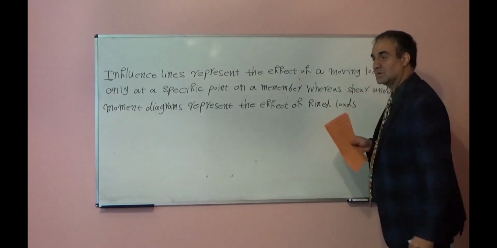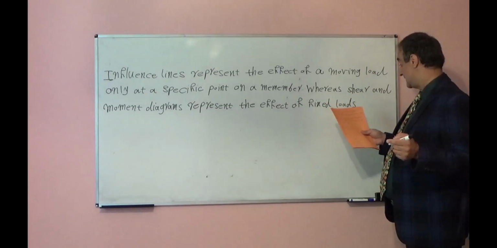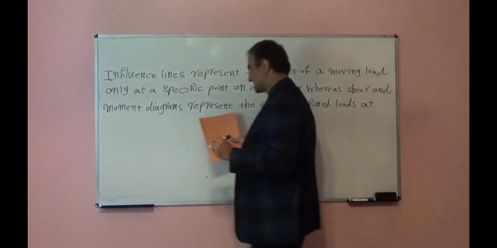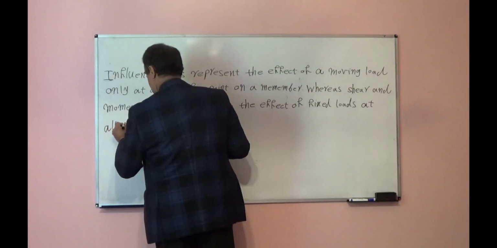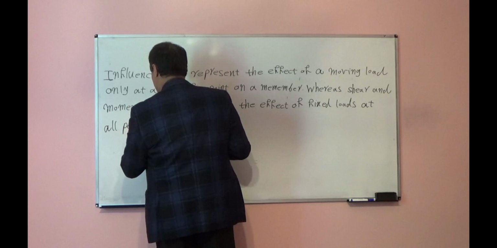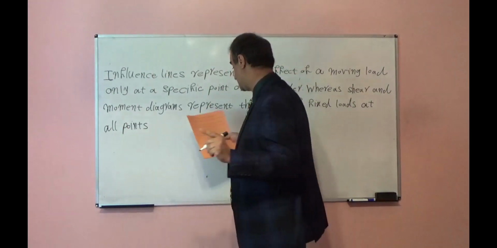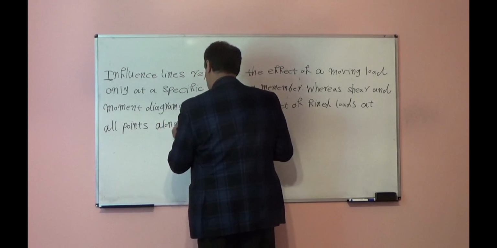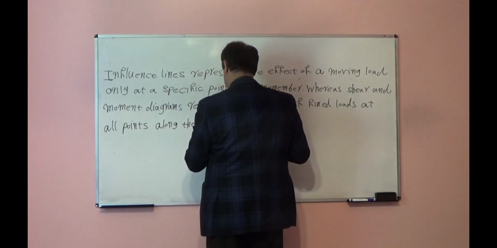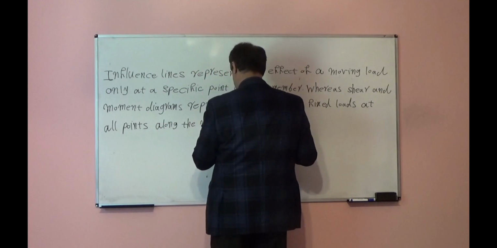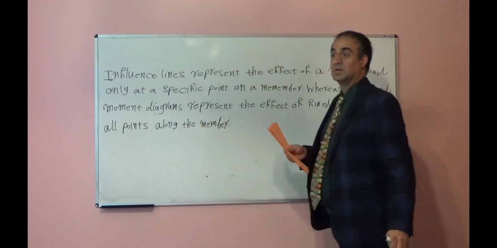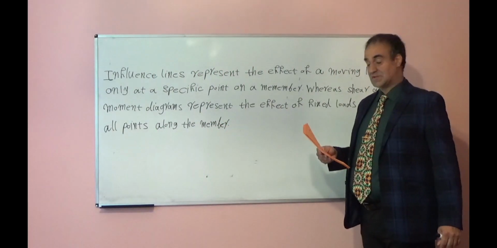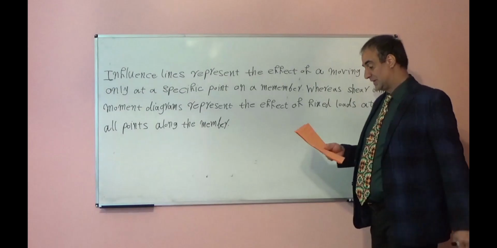So here loads, they will not move. Fixed loads at all points, and it is at all points, not only at a specific point, at all points along the member. So now you can see what is the difference between influence line and shear and moment diagram.